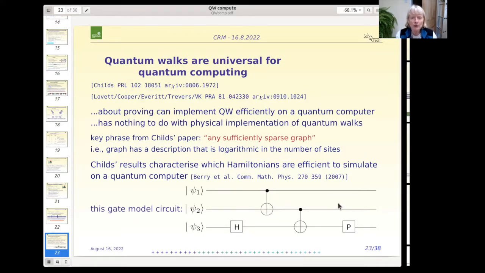So now we're ready to talk about quantum walks being universal for quantum computing. So this is Andrew Childs' result from 2008, published in PRL, I think in 2008 or 9, not sure.